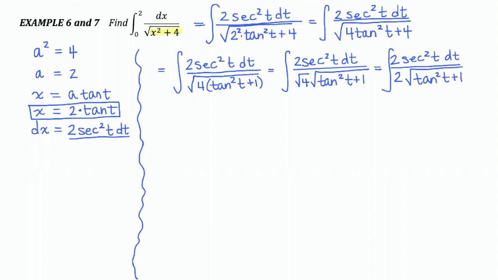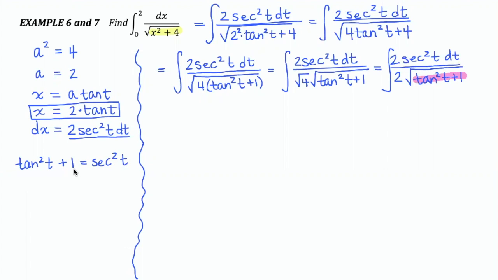Now, this is the next place where the same kind of thing should happen each time you do this. There's an identity that allows us to change tangent squared t plus 1 into a different expression. Remember, tangent squared t plus 1 equals secant squared t. Is one of our identities.